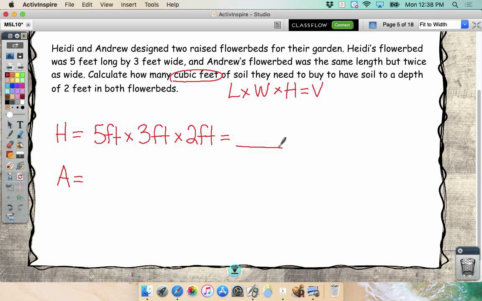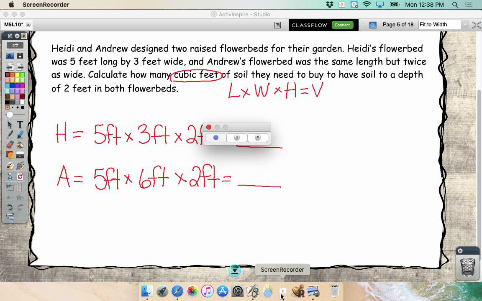So how long is it? 5 feet. Okay. But it's twice as wide. So instead of 3 feet wide, 6 feet wide. And then does it also have a depth of 2 feet? Yes. Okay, so to figure out the total amount of soil you need to buy, will you have to add Heidi and Andrew's beds together? Yes, okay. Go ahead and solve this problem, then we'll talk about it.